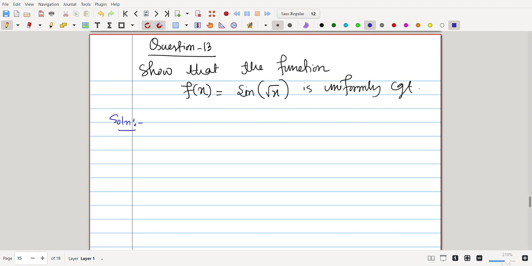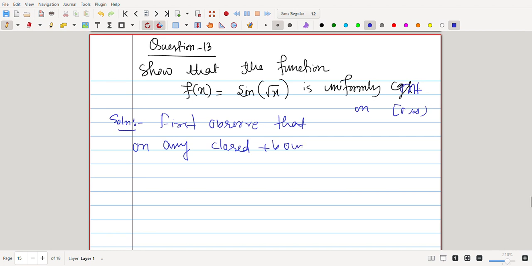Show that the function f(x) equal to sin root x is uniformly continuous on 0 to infinity. So first observe that on any closed and bounded interval, continuous implies uniformly continuous.